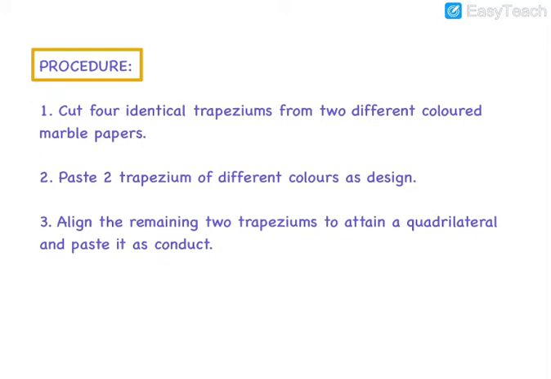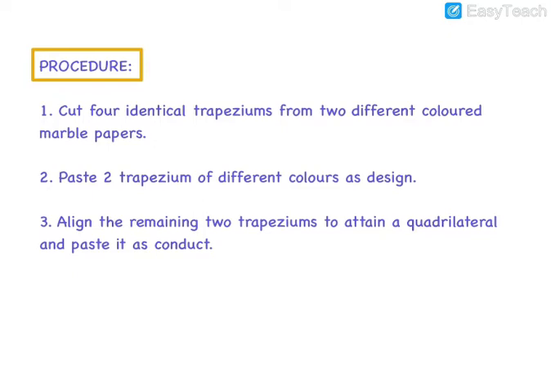The procedure to conduct this activity is very simple. The first step is to cut 4 identical trapeziums from 2 different colored marble papers. This means that 2 trapeziums will have the same color. The second step is to paste 2 trapeziums of different colors as design, and then we will label them.